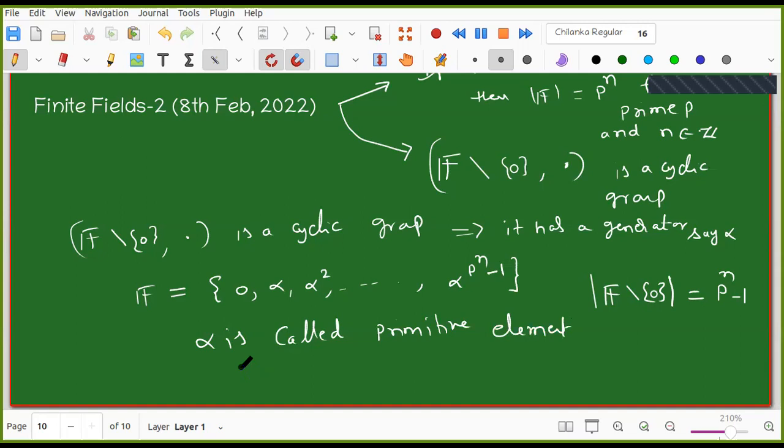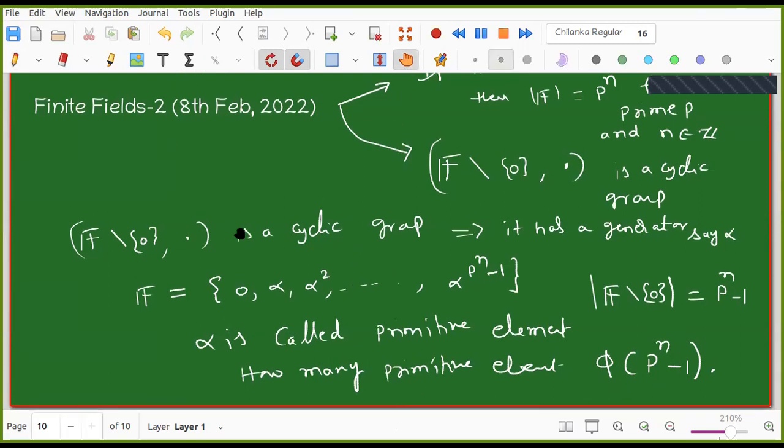So how many primitive elements are there? Phi of p power n minus 1, because the number of generators in a cyclic group of order n equals phi of n. So we have this many; it is not unique. So this much we did.